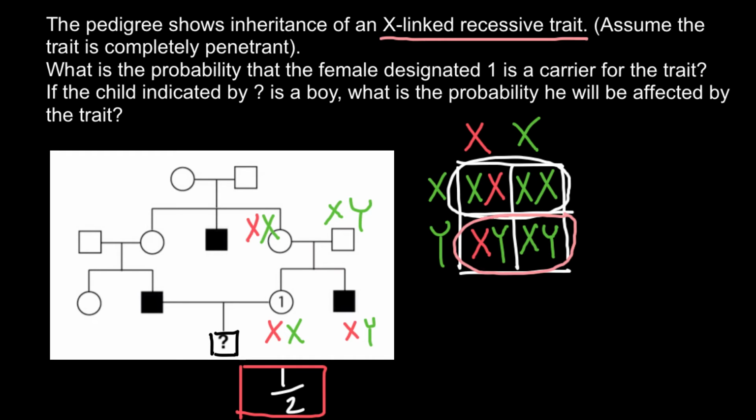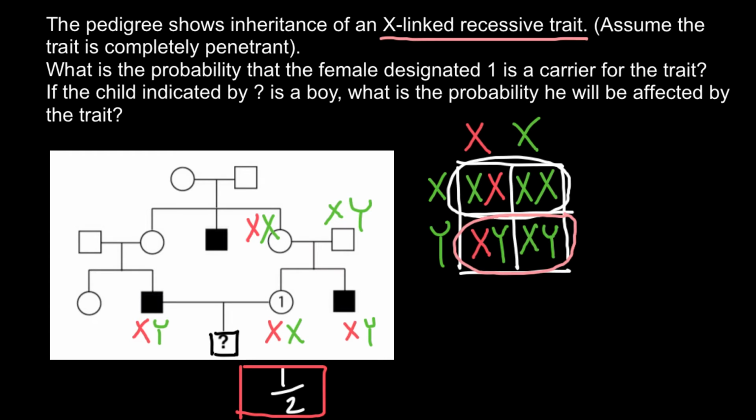So his father has a normal Y chromosome, because this is an X-linked recessive genetic disorder. So because his father is affected, he has to have a defective X chromosome.